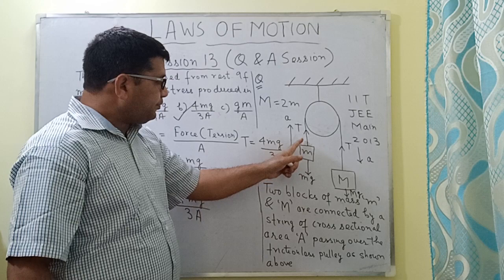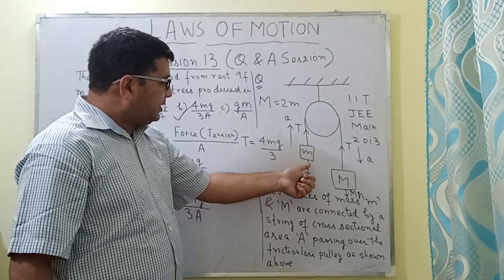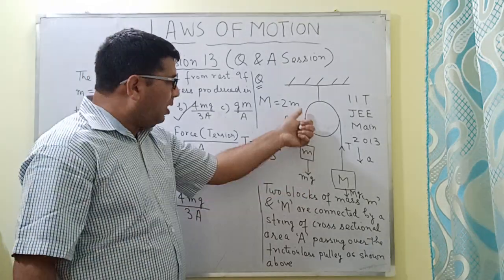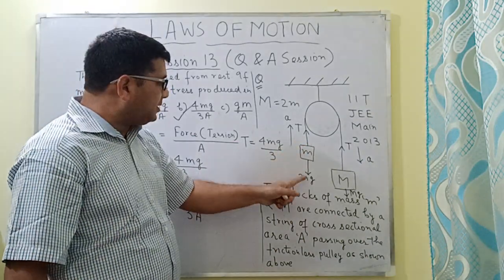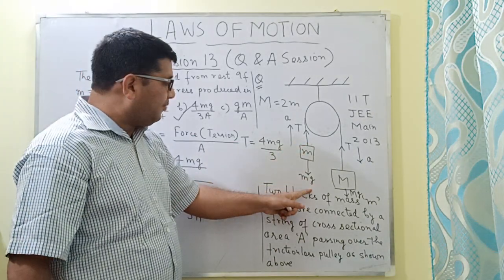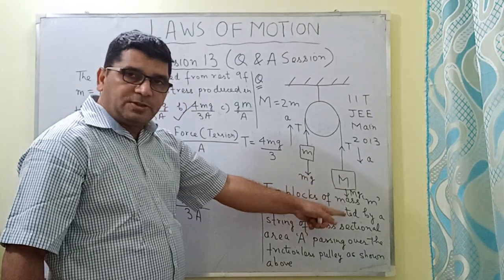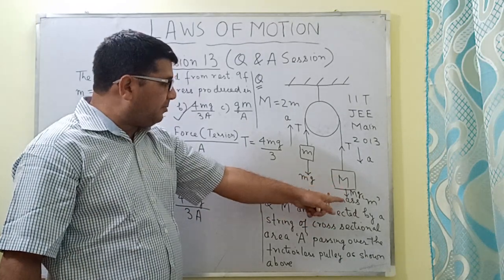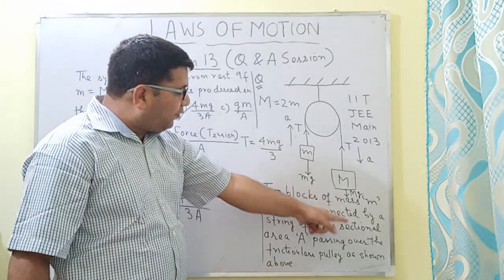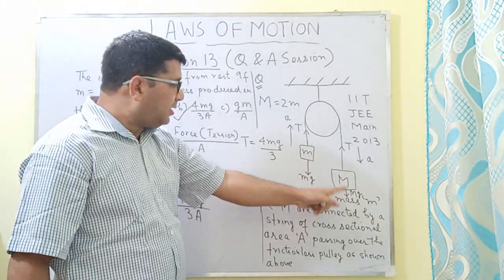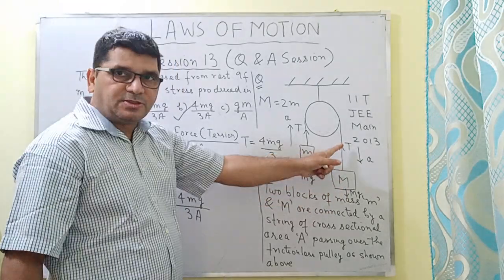And second point, this block will go up only when the tension in the string is more than the weight of the body. This block, that is the block of mass capital M, will go down only when the weight of this block is more than the tension in the string.